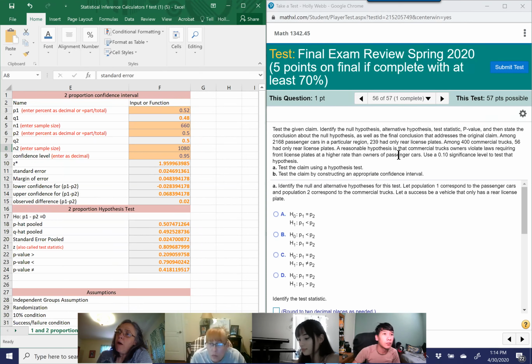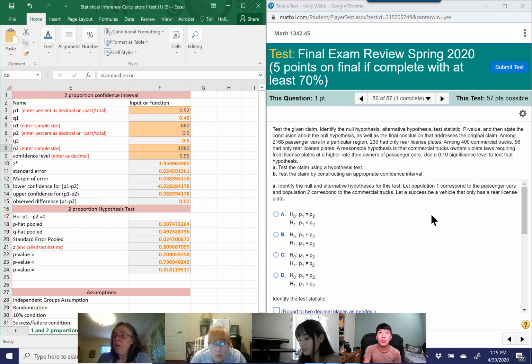A reasonable hypothesis is that the commercial truck owners violate the laws requiring front and rear license plates at a higher rate than passenger cars. Use a 0.1 significance level to test the hypothesis that trucks violate at a higher rate than cars.